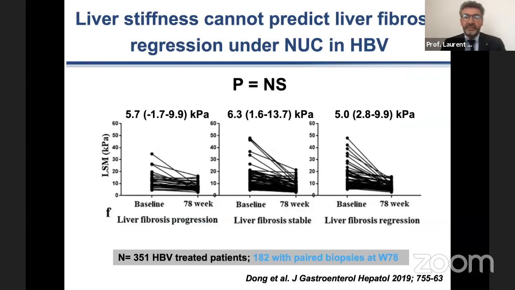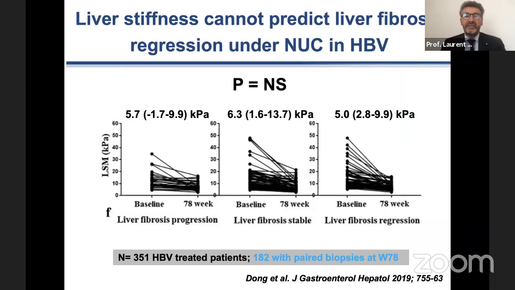So this is another study that comes from China, a large prospective multi-center study with paired liver biopsy, in patients treated with NUC. This is quite interesting because you can see the decrease in liver stiffness between baseline and 78 weeks, so quite a long follow-up.